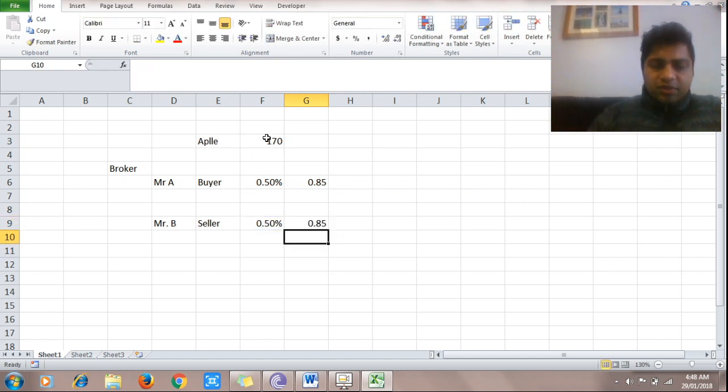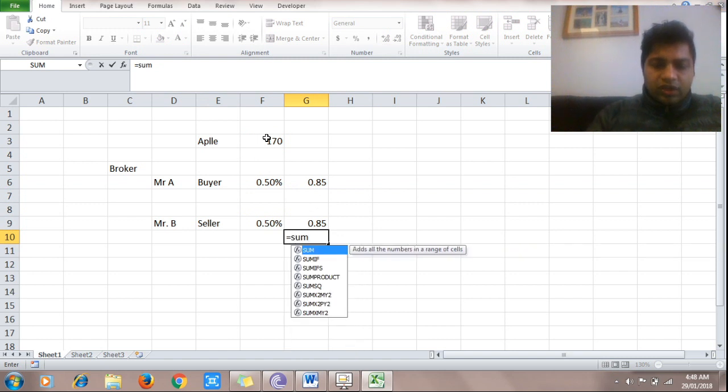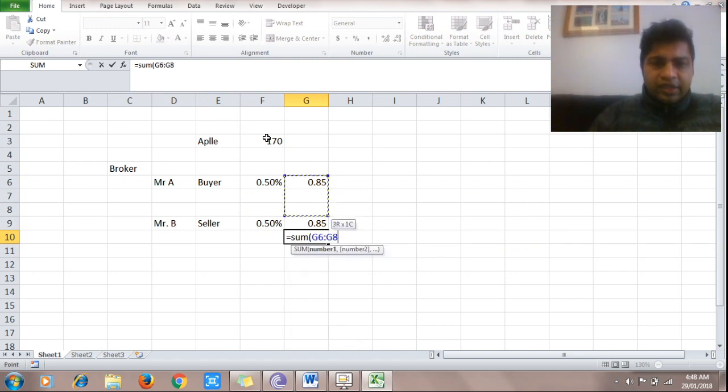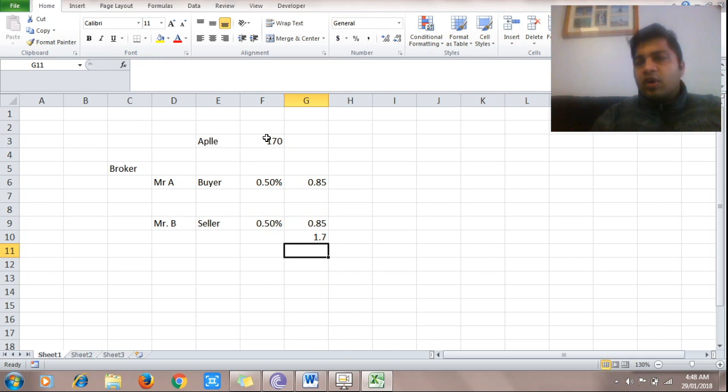So the broker is making commissions, and the total commission for the broker in this case is $1.7. Now, is the broker buying it from Mr. A and then selling to Mr. B? The answer is no. A broker doesn't have any inventory.